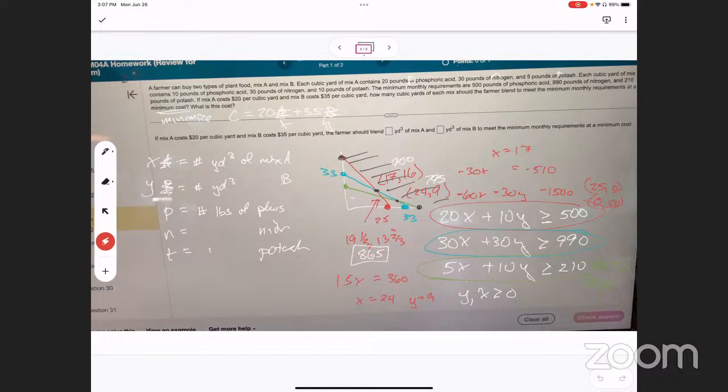To find that point, I had to multiply this by -3 to be able to eliminate the y. So when I multiply this green equation by -3, it will give you a -30y. So when I add these together, but then this would be a 15. Oh, maybe that's where I did it.